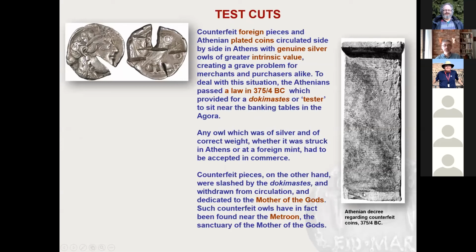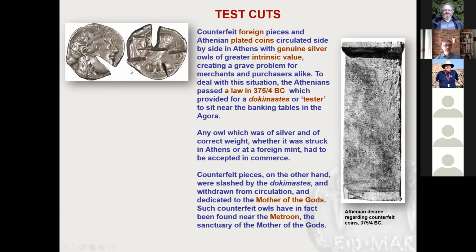This is the longest and the most interesting one, and it's from 375-74 BC. The Athenians simply appointed a dokimastes, or a tester, to sit near the banking tables in the agora. And they were simply chiseling coins for merchants, for people.